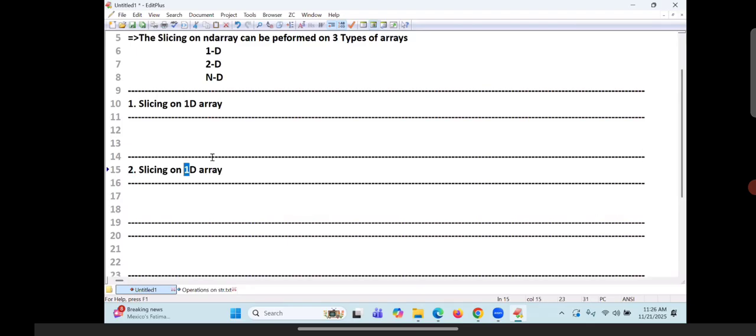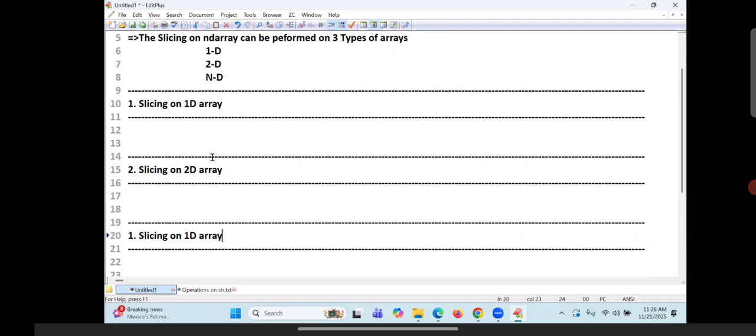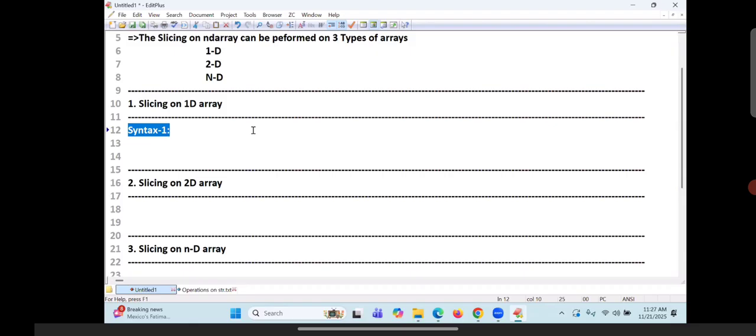Here onwards, your difficulty level starts. This also is going to be called what? ND. That I may go for 3D, 4D, etc. Start with the right. So I'm going to take up what? Syntax number 1.